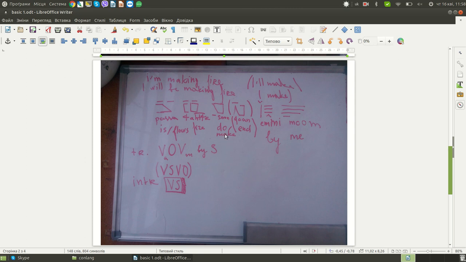So the first example will be pasa, hla, soon, emmi, mum. So is fire being made by me. So it's like I am making fire or I will be making fire, because in my language, like in Finnish, there is no distinction between present and future tenses.